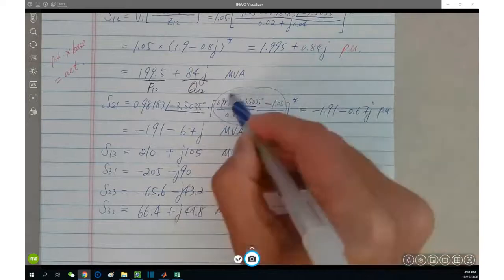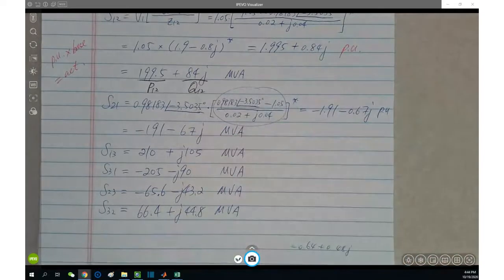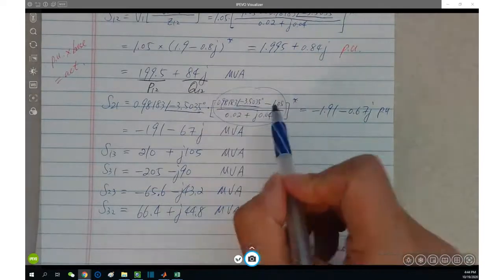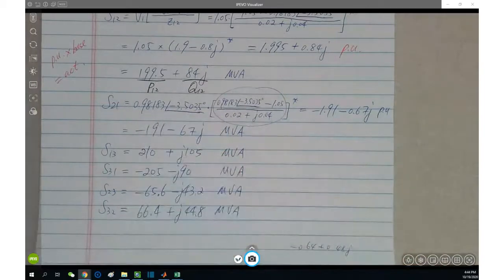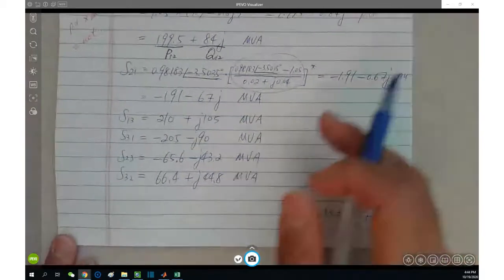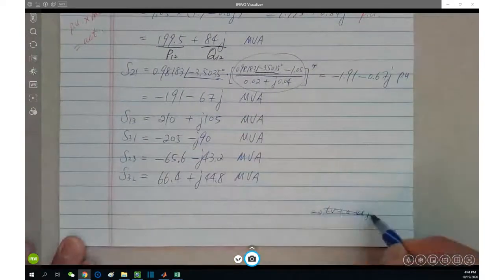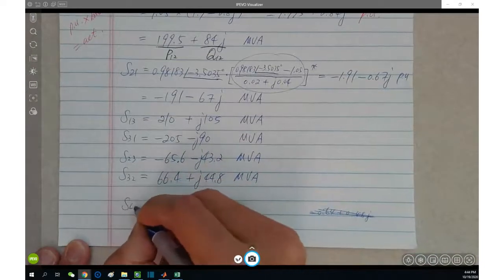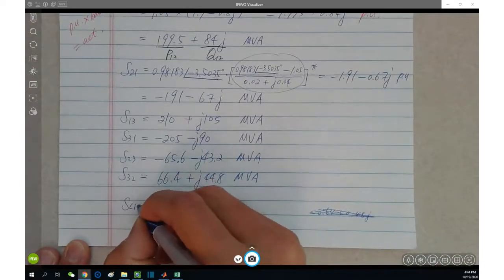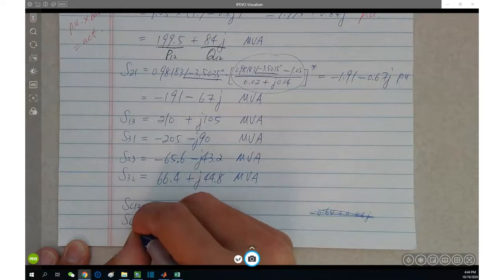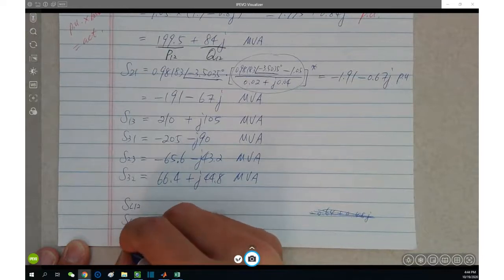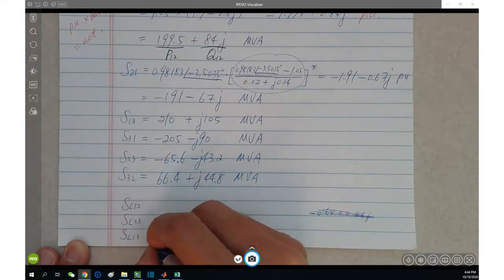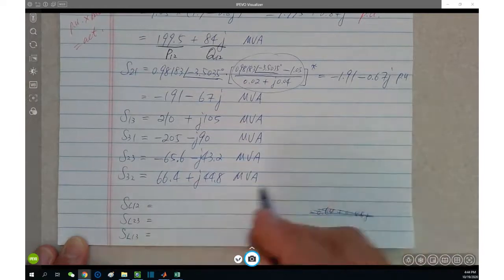First find the current, and then use the conjugate of it times the voltage. I think that's the only help I can provide. Other than that, the 3 losses we just talked about are very straightforward.